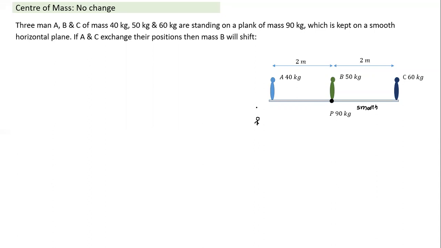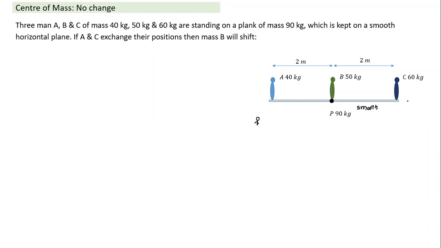Before we start analyzing, if I take all four objects together as a system, what are the external forces acting? The external forces acting are gravity and the normal reaction. Both are vertical, and anyway they cancel to zero.